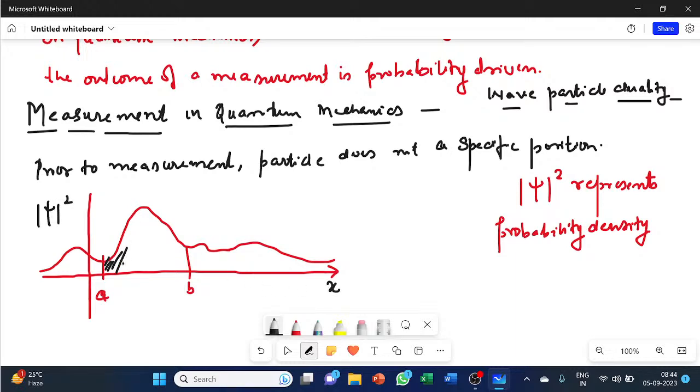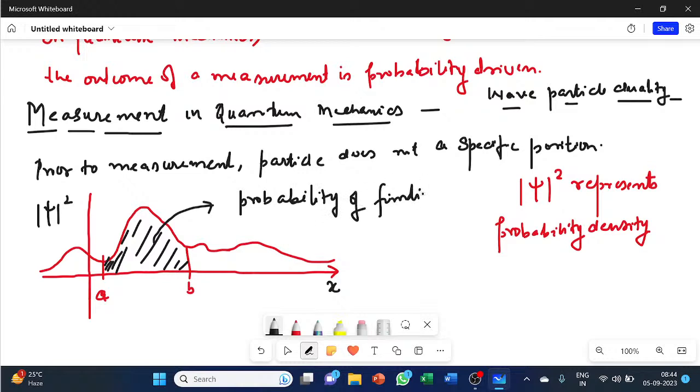This shaded area represents the probability of finding the particle between A and B.